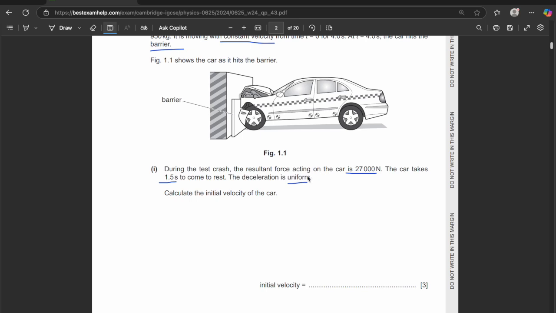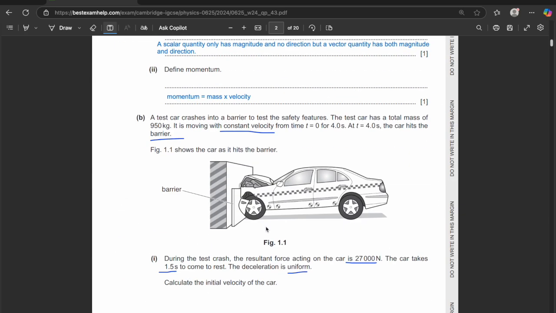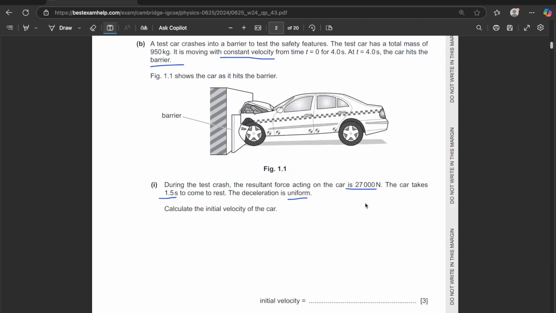So just look at the given information and think about what we can calculate. The previous questions also hint at momentum, so we can calculate the change in momentum using these two values.